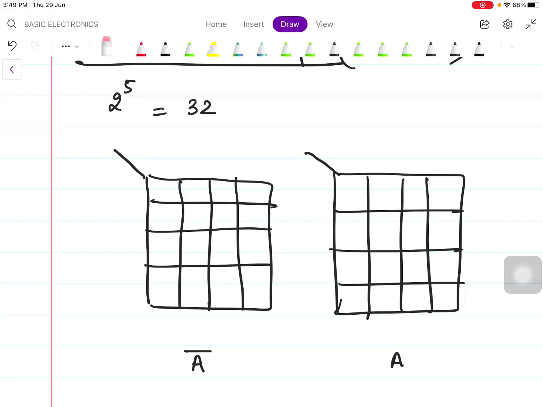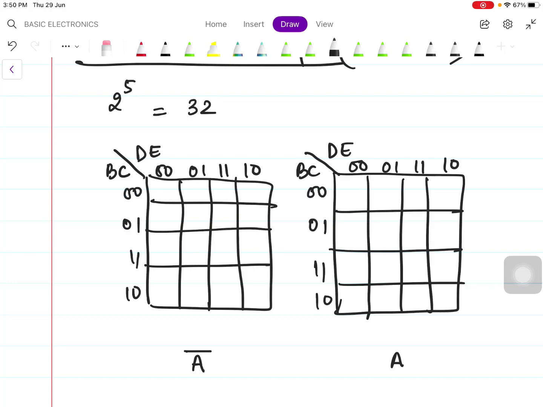This whole K-map belongs to A bar, that means 0, and this K-map belongs to A. Now 4 variables are left. The ones which come alphabetically first will be placed downwards, and the others which come higher in the order will be placed upward. Combinations allotted. Now numbering. Numbering will range from 0 to 31.